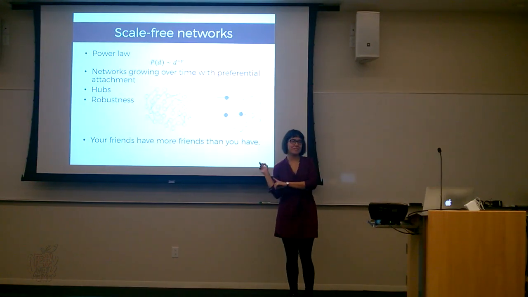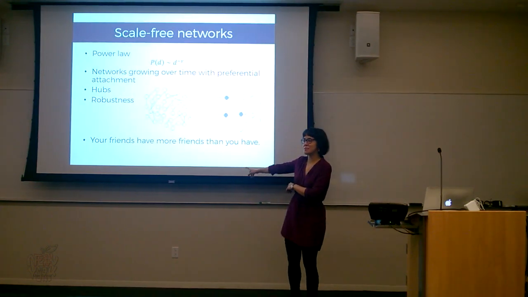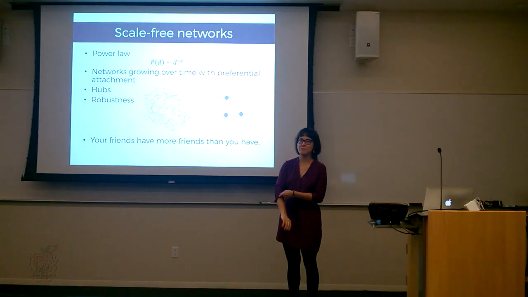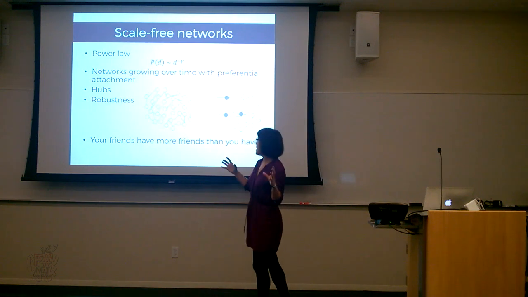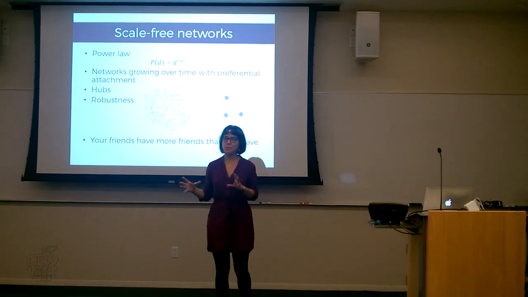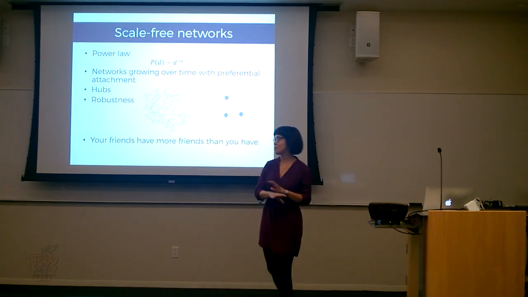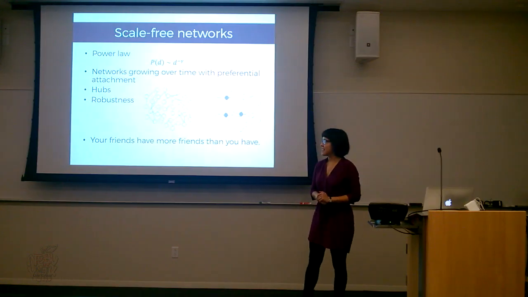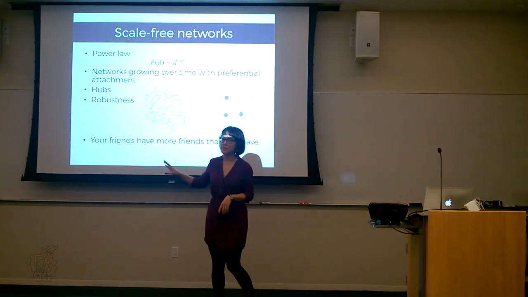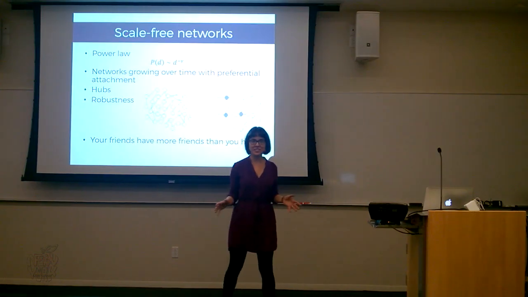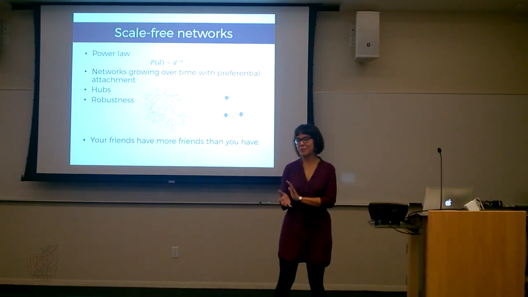So the fact that the network is a scale-free network shows us that if people randomly drop out of Twitter, the network will probably stay connected. And it will be hard to disrupt it completely. Another feature of this type of network is that on average, your friends have more friends than you have.